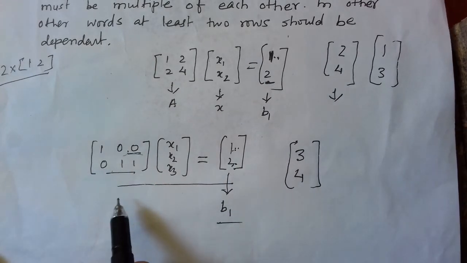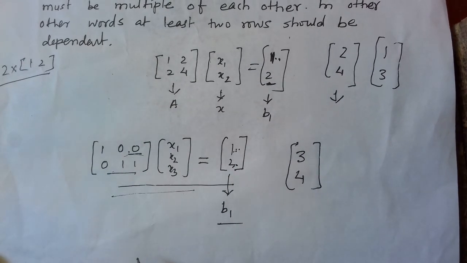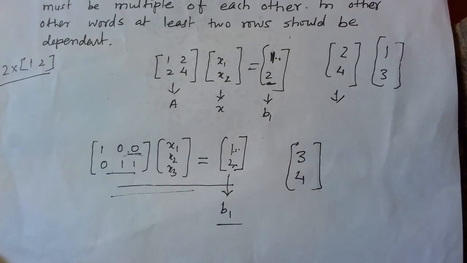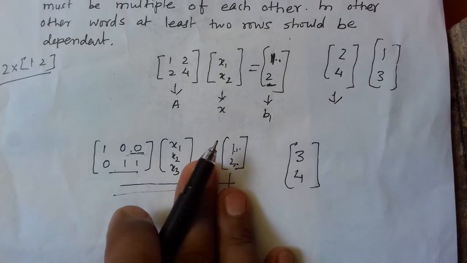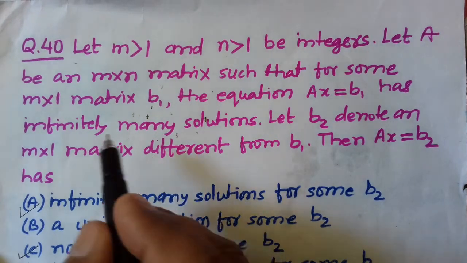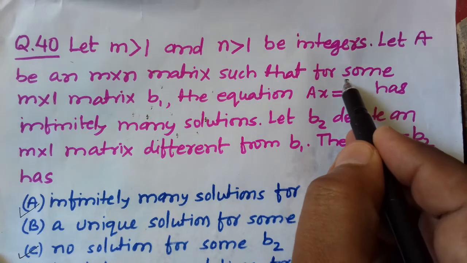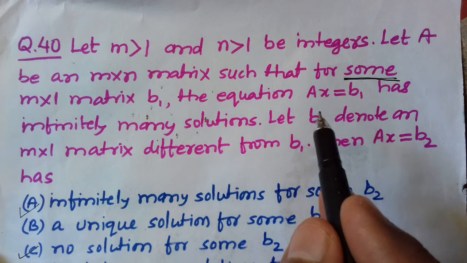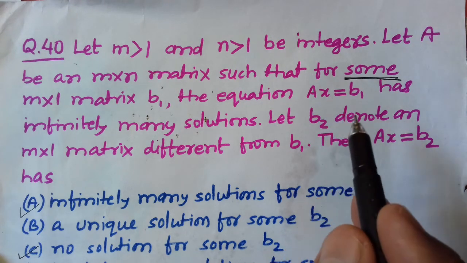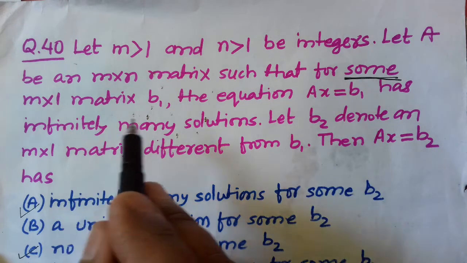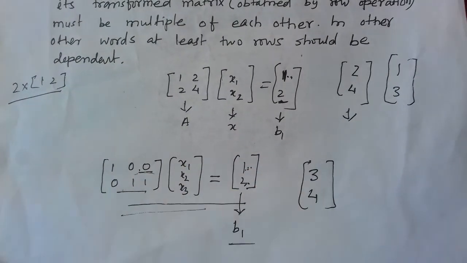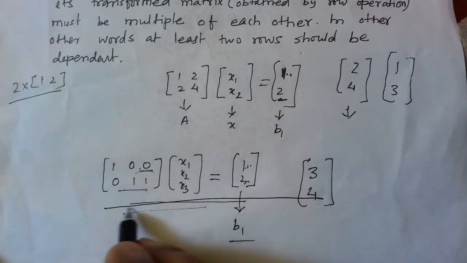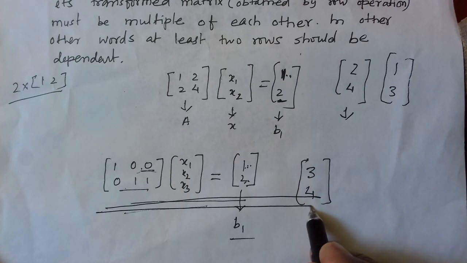So this equation has infinitely many solutions for all b1, not for particular b1s. But in the question you should note this word some. It is given that it has infinitely many solutions for some matrix b1, so you cannot take this one, because this has infinitely many solutions for all b1.